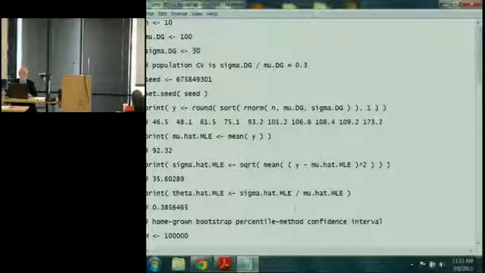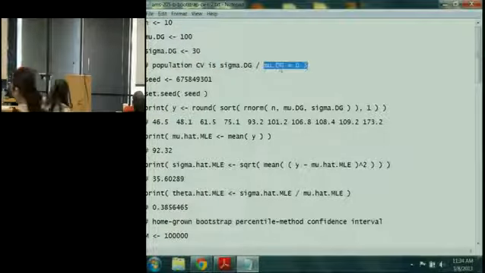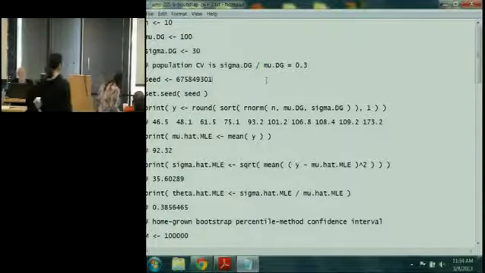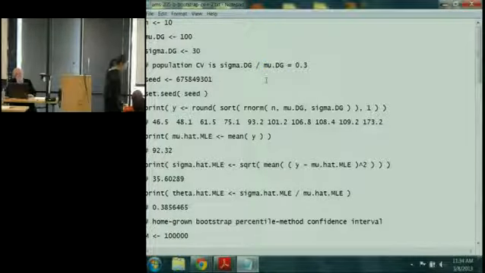If somebody's interested in the coefficient of variation, the population value is what you get by taking sigma over mu. The coefficient of variation is a measure of how big the noise is in the actual data generating process relative to how big the signal is, and a natural way to measure that in Gaussian families is to compute sigma over mu, which here is 0.3.